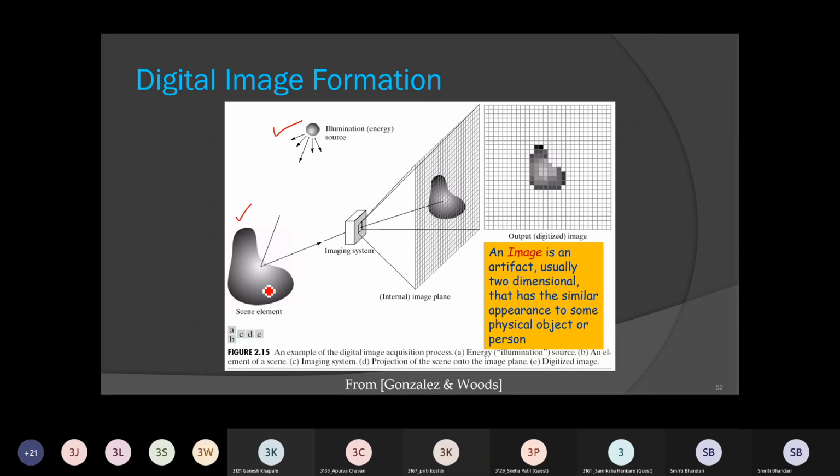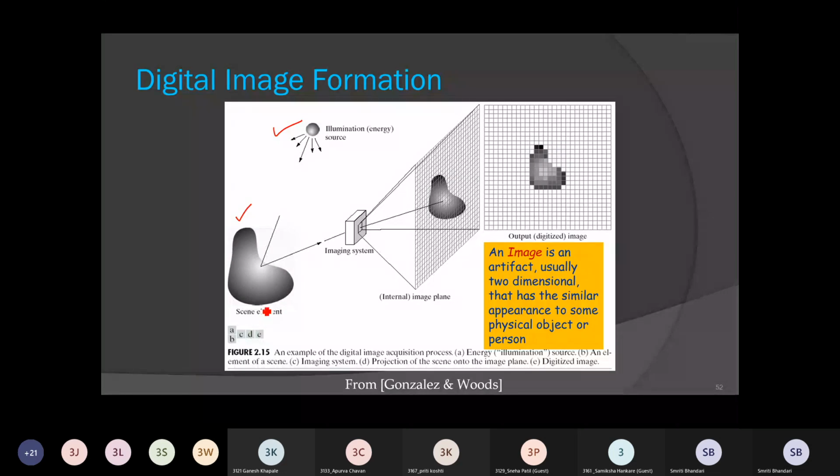This is actually the object for which we would like to have the digital image. So the energy source is there, and the energy is incident upon this scene element. Now the energy that is incident on the scene element gets reflected from the scene element, or transmitted through the scene element.